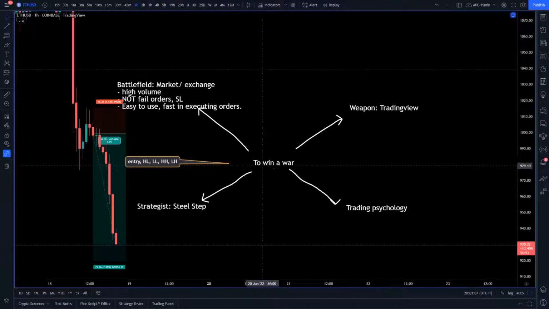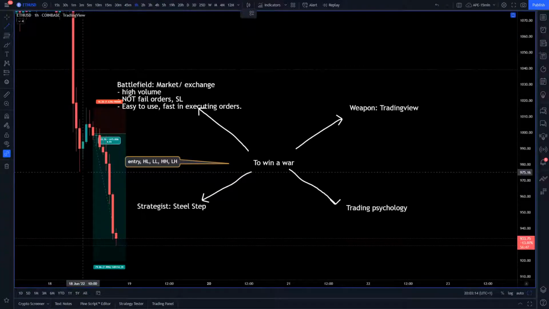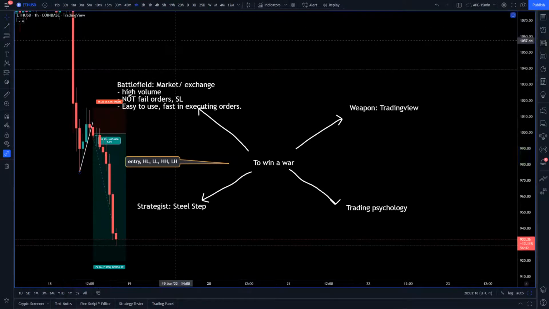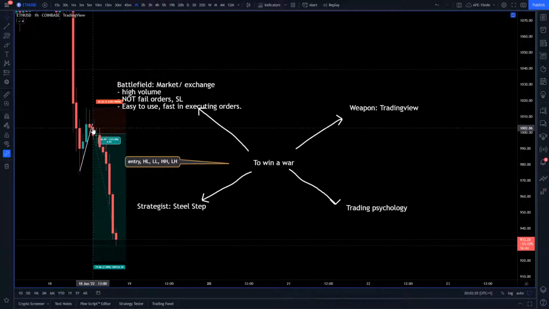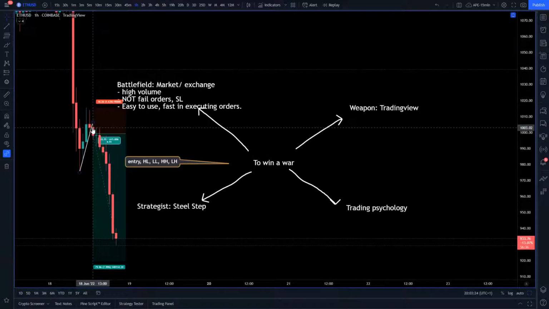So we set our target, and we have to know how to get there. For example, with a strategy, we know that this is the white line breakdown, and with the white line breakdown after a dump, that is where we should be entering our trade.